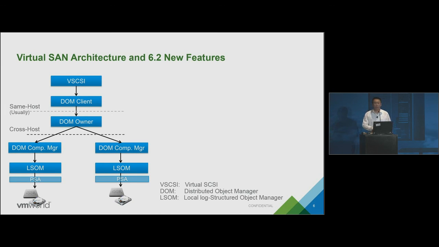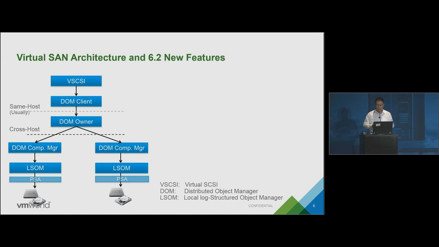So here is a diagram of VirtualSAN architecture. The VM issues an I/O, and that I/O is handed over to the virtual SCSI layer in the ESX host. Then that I/O enters VirtualSAN from the DOM client layer.